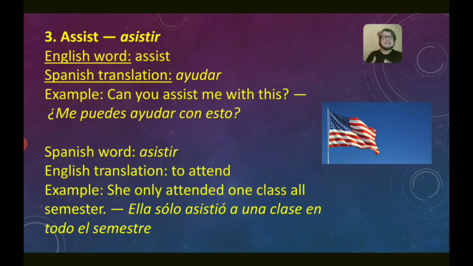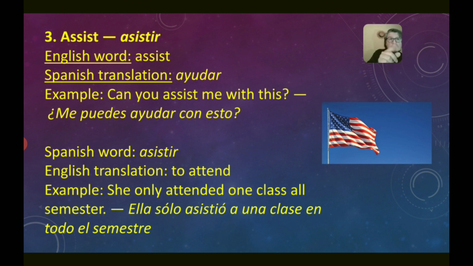This is a very common mistake. Many people tell me, teacher, I couldn't assist to classes last week. But you didn't have to help me in the class. No, I couldn't assist to classes. It's not assist to classes. Assist is help.